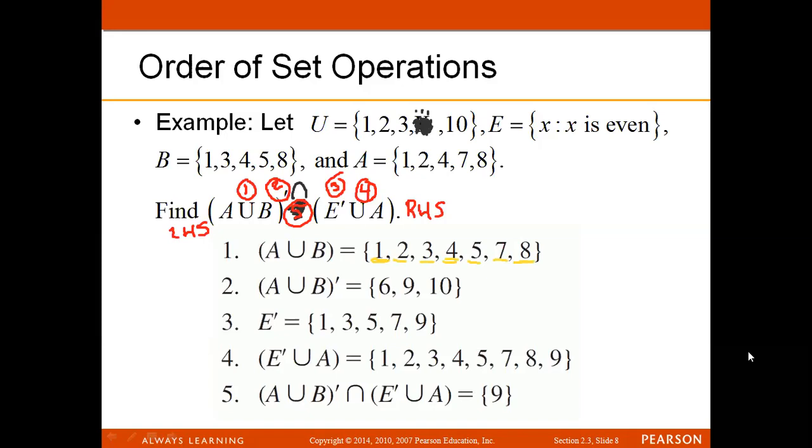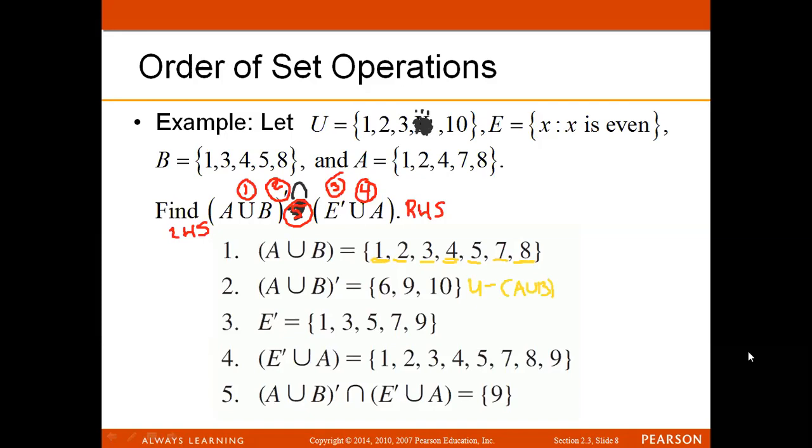And now we look at the complement of that set from step 1. The complement is every element in U that's not in the A union B set. So we're crossing out the 1, the 2, the 3, the 4, the 5.